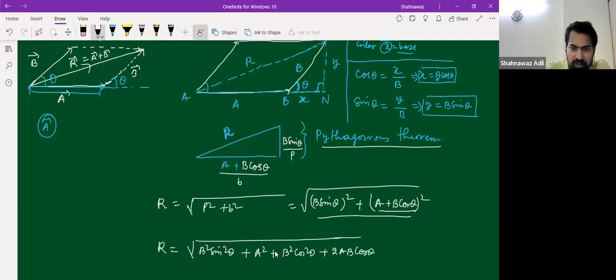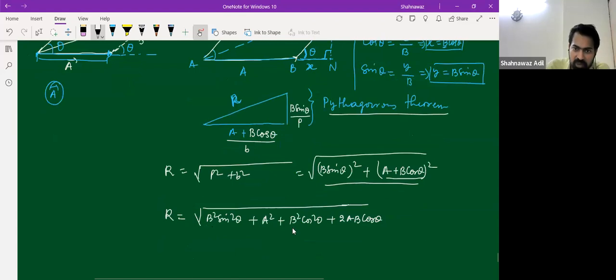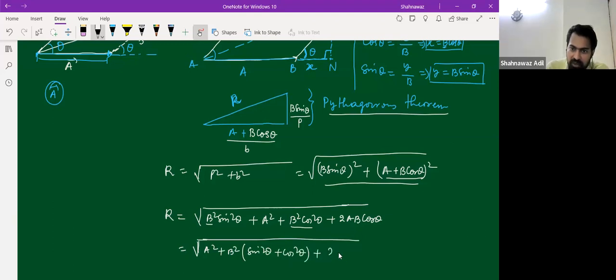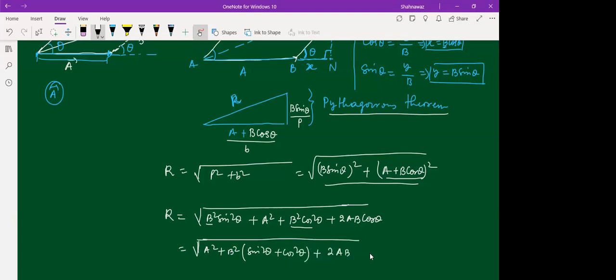Okay, guys. So you see that b square is common, so let's take a square on this side, and b square would be common. So this would be sine square plus cos square. This identity you guys know, right? So this is how much? 1.